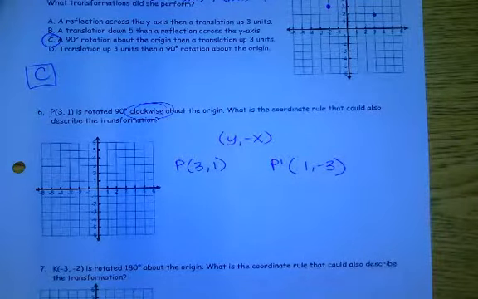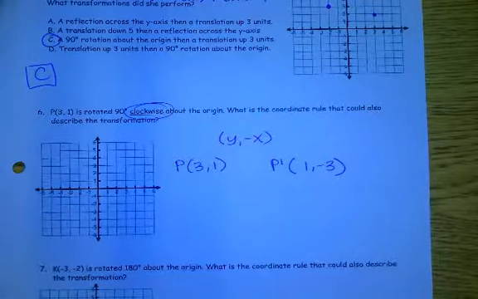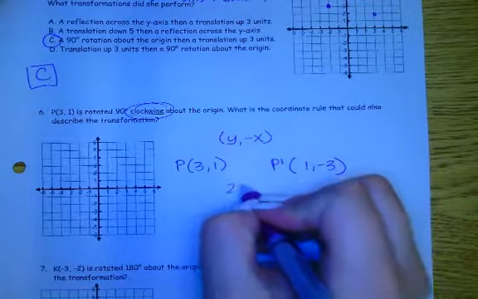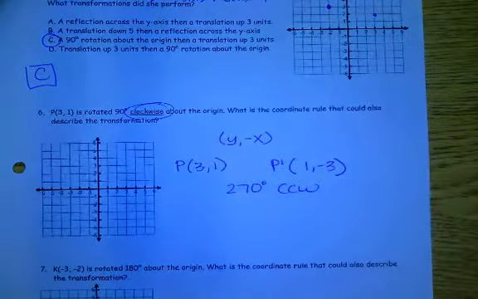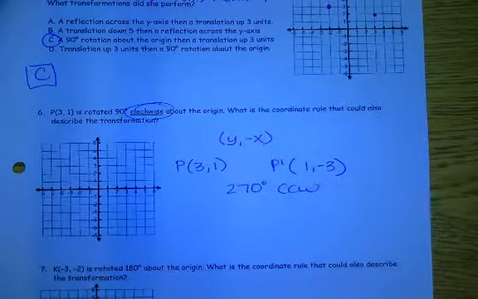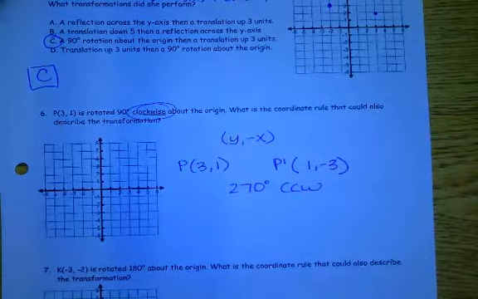How else could I get to (1, -3)? 270 degrees counterclockwise. Okay, how else could I have got there? Translation what? Down 4 and left 2.